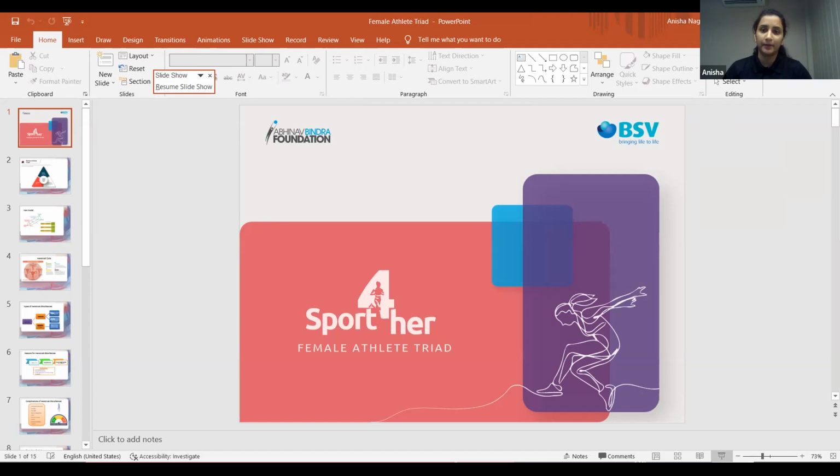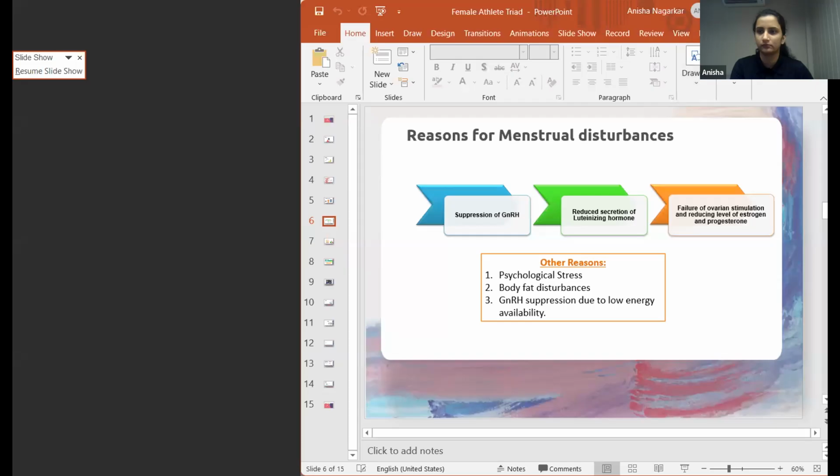If there is suppression of gonadotropin releasing hormone, of course it is going to reduce secretion of luteinizing hormone, resulting in failure of ovarian stimulation and reduced levels of estrogen and progesterone. If that happens, there is a change in your cycle, and that is where you will find menstrual disturbances happening. This is the primary reason.